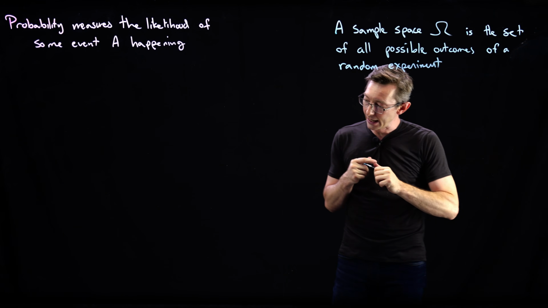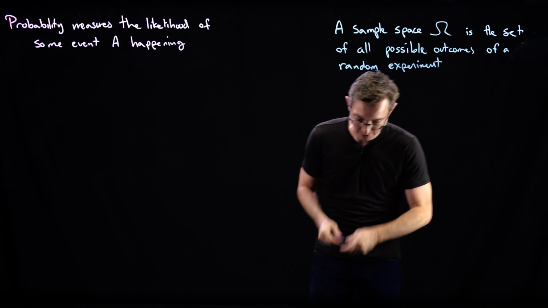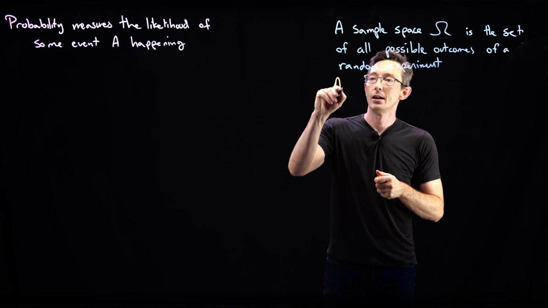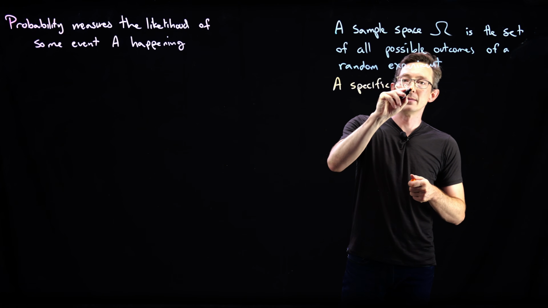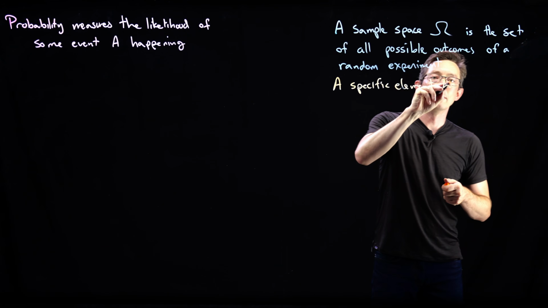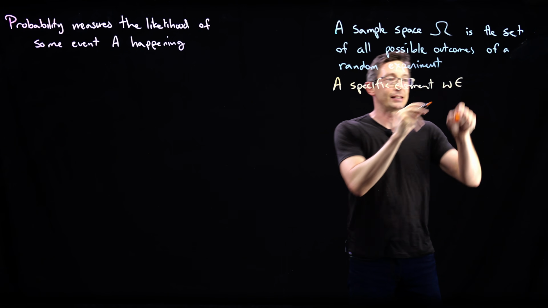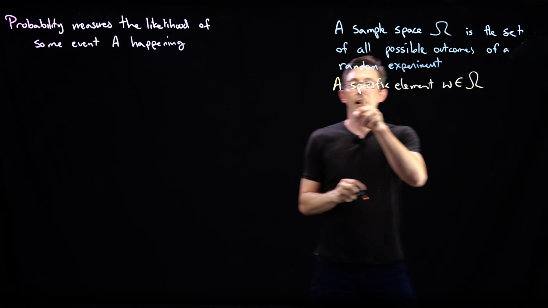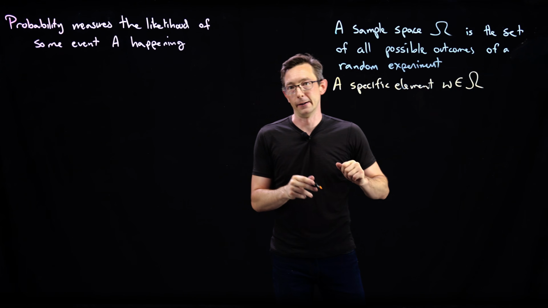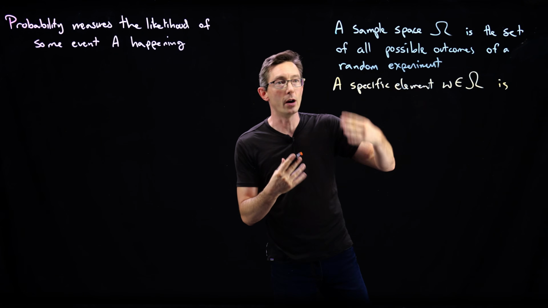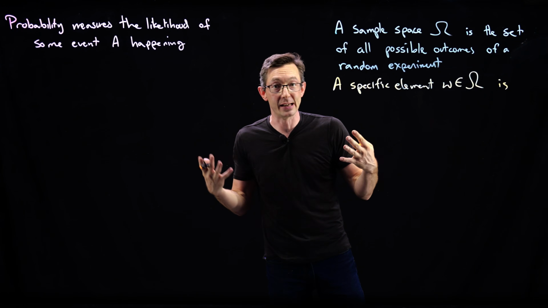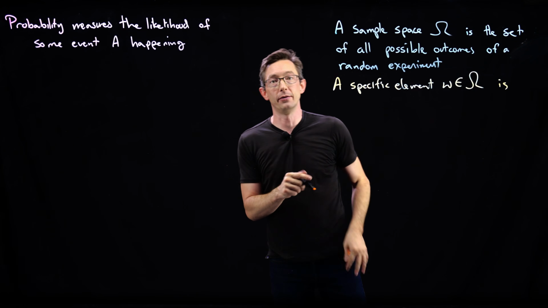And we're going to say that a specific element, little omega, is in the set big omega. A specific element, little omega, is basically one instance or one actualization, one realization of this experiment.